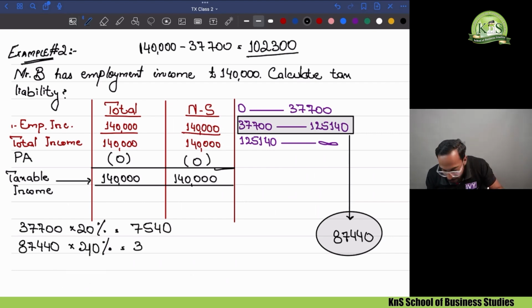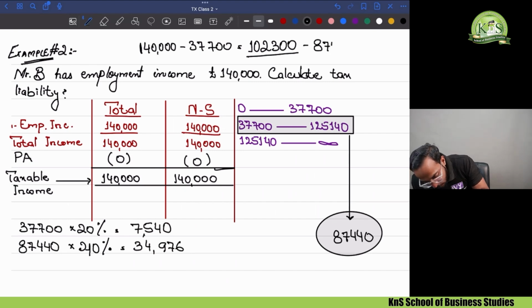That will give you 34,976. Now from 1,02,300 you have already taxed 87,440, so you have left only 14,860 pounds untaxed.